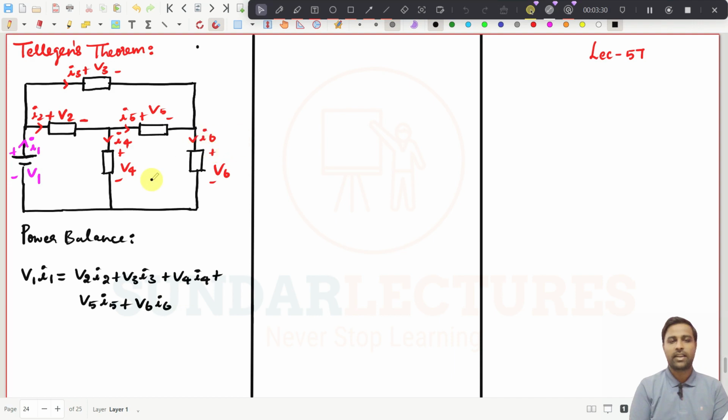There are only 6 elements. This equation should be satisfied.